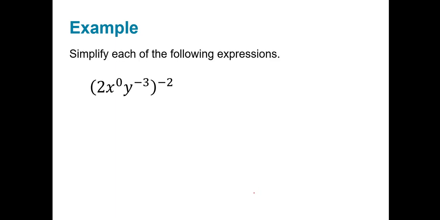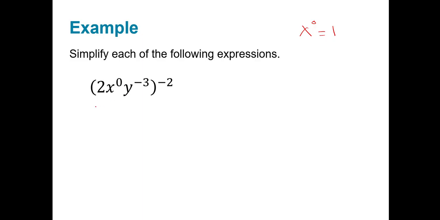Now, I think we worked on good examples there, so we can dive into this example right here. In this example, we're just going to apply the rules together, all right? So first of all, I know that anything raised to the power of 0 is just 1. So I know this right here is going to be 1. So 1 times 2 is just going to be 2.